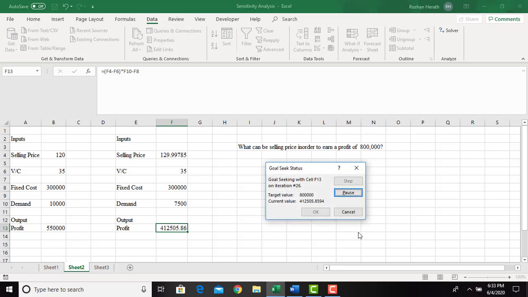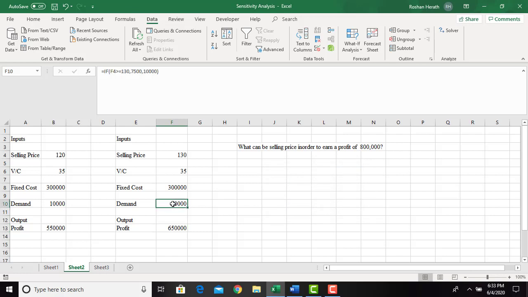So it may take some time, it may work this out, and it will tend to produce the profit. Yes, so it could not produce the result, and the maximum that it could give us is 650,000. So I believe that is because we have applied certain conditions.